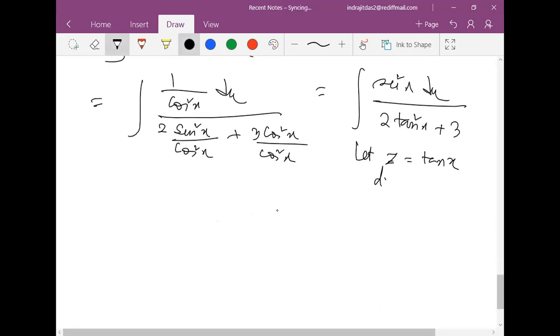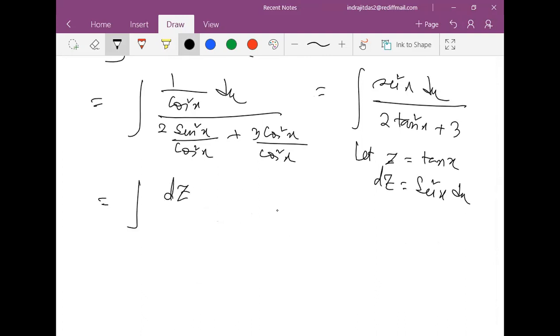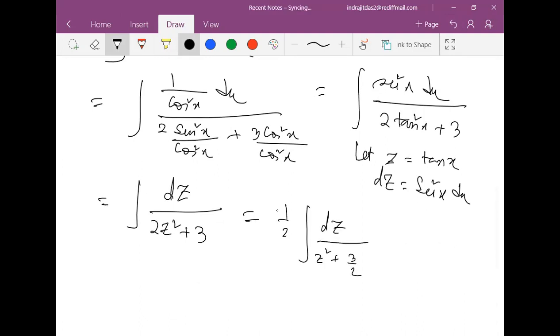That means your answer will become dz by 2z square plus 3, and we divide it by 2, so it will be dz by z square plus 3 by 2. So again it will be 1 by 2 root 3 by 2 tan inverse z by a, where a is root 3 by 2. Now I think you can complete the answer.